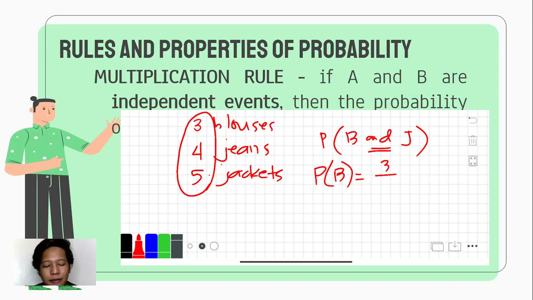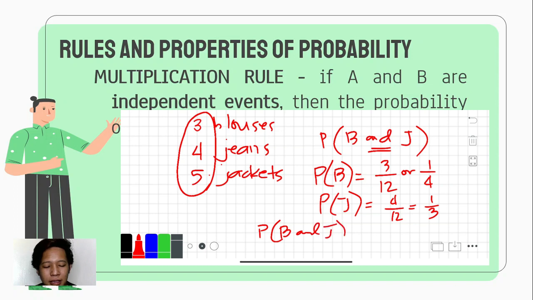We have 3 plus 4 plus 5. That is 12. Or we have here 1/4. The probability of getting a jean or a pair of jeans is 4 over 12. So that would be what? That would be 1/3. So the probability of getting a blouse and a pair of jean is 1/4 multiplied by 1/3.